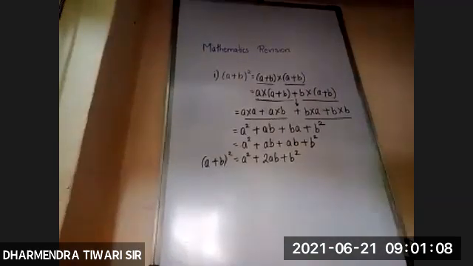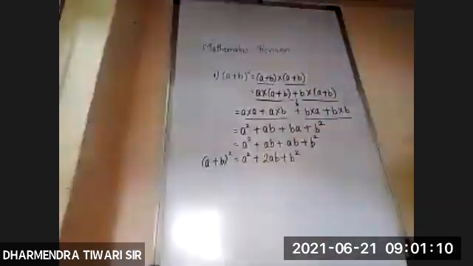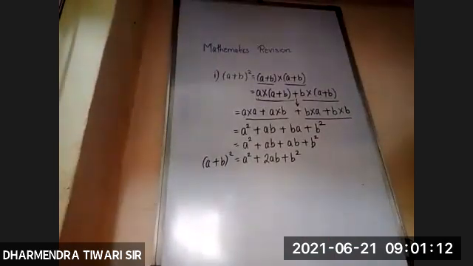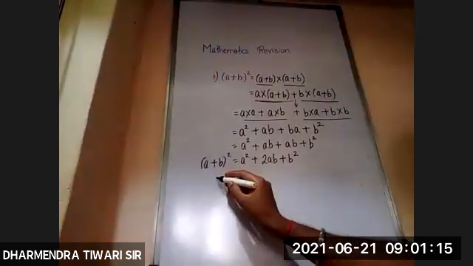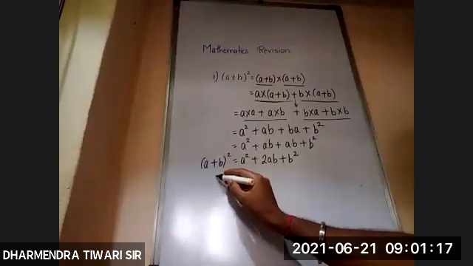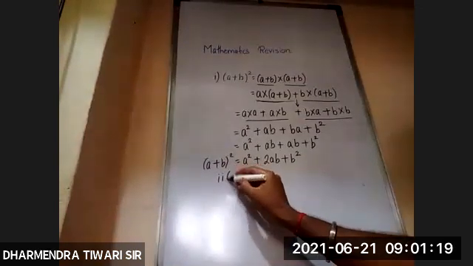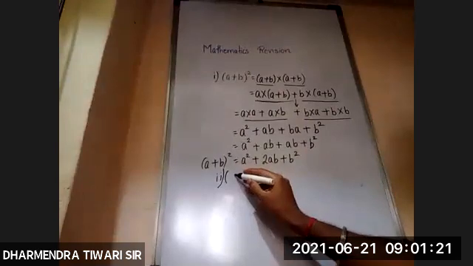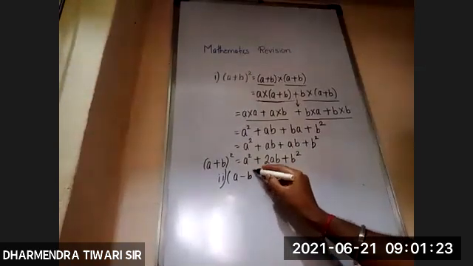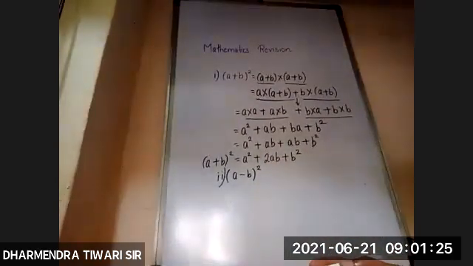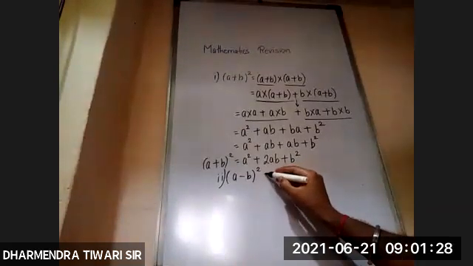Now we'll see the expansion of the second formula, that is A minus B the whole square.